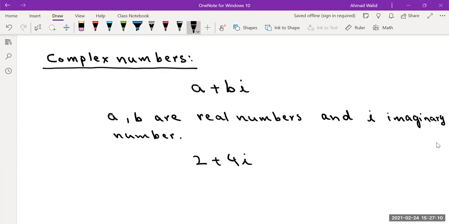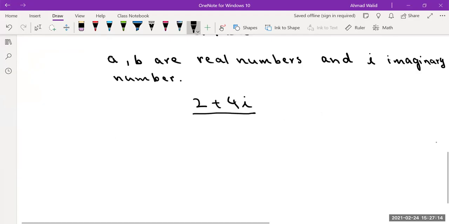We call this one a complex number, correct? Next example, 3 minus 2i. It's a complex number. 0 plus 5i. It's a complex number.